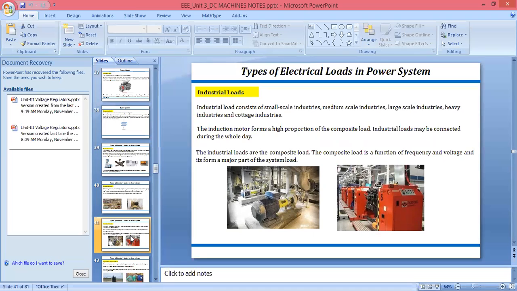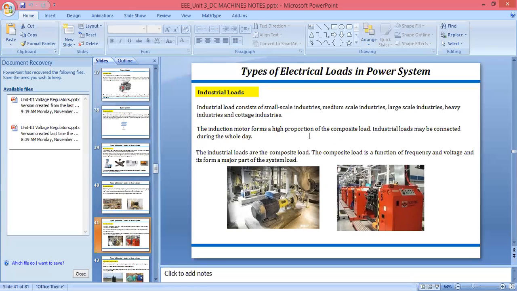And if you see, they are used continuously. So as compared to the domestic and the commercial, these loads are used continuously. These are used more hours as compared to the domestic and the commercial load.